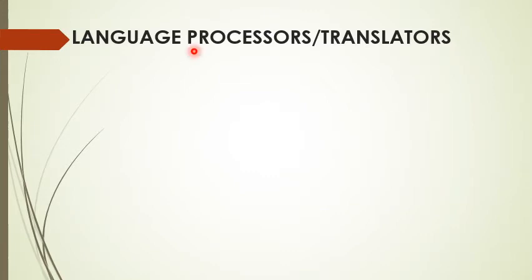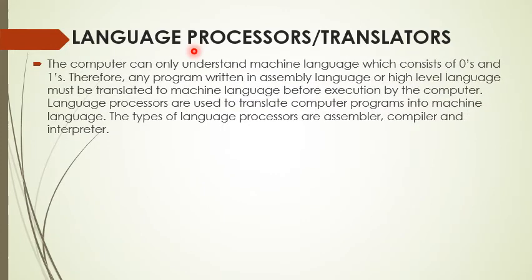Language processor or translator is also a system software. Most of you know that a computer understands machine language, and machine language consists of zeros and ones. Therefore, while you write any program inside your computer, you don't write in zeros and ones. You write in a high level language or assembly language.